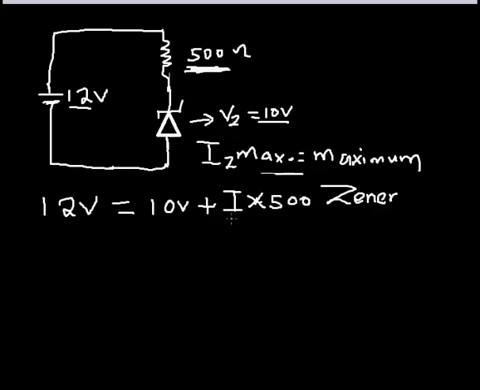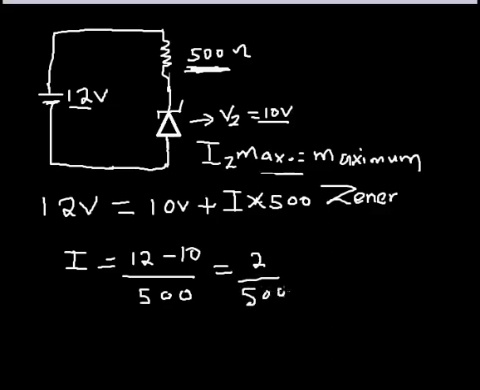That way I can get that current. So the current across this 500 ohm is I equals 12 minus 10, divided by 500. So you end up having 2 over 500. If you divide it, that gives 0.004 ampere, which is 4 milliampere. So this is the current flowing through this 500 ohm resistor.